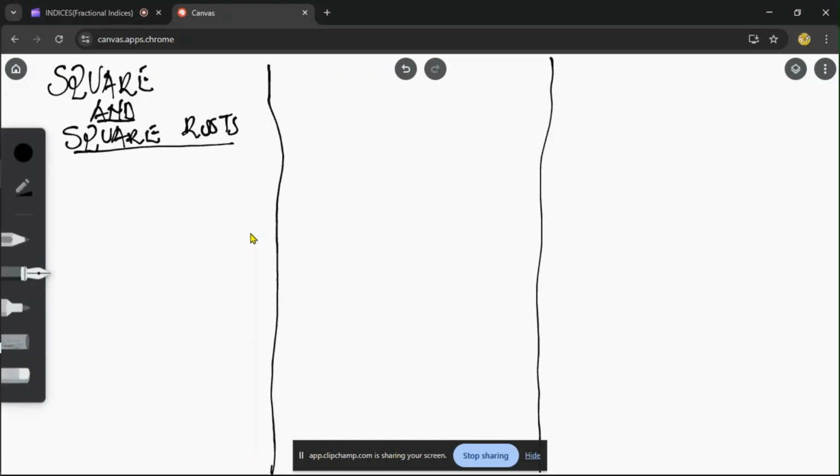Of course, it is like two things in one, but one is the reverse of the other. Square is the opposite of square root, and square root is the opposite of square.